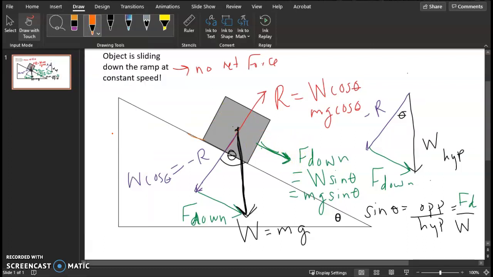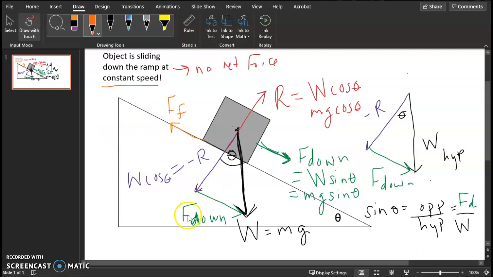I will draw this. This is the force of friction going up the ramp. It is equal in length to the force down the ramp, opposite in direction. Equal in magnitude, opposite in direction. That's the force of friction. This is why the object travels down the ramp at constant speed. It matches the force guiding the object down the ramp.